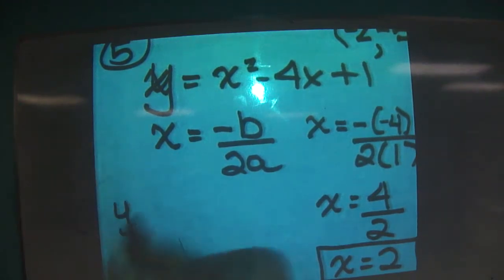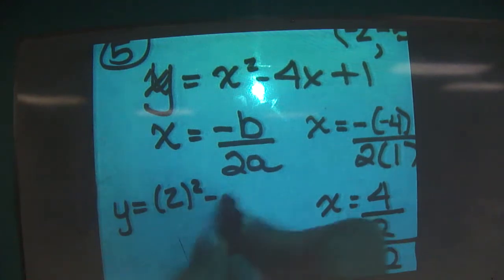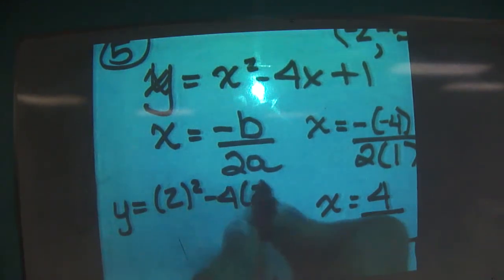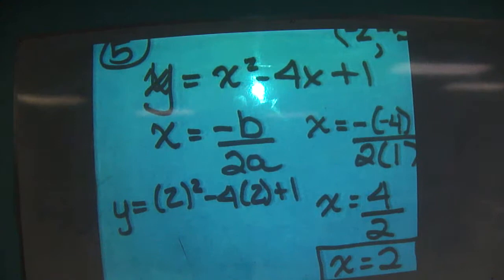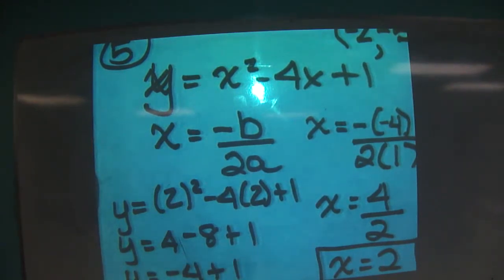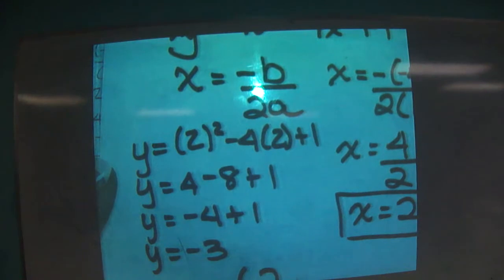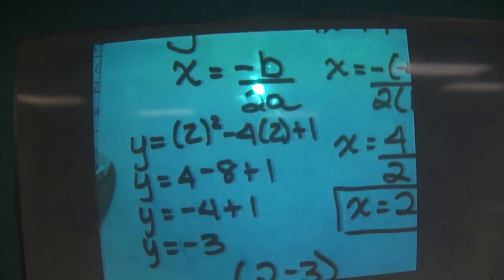So now y equals 2 squared minus 4 times 2 plus 1. y equals 4 minus 8 plus 1. y equals negative 4 plus 1. y equals negative 3. So our coordinate is 2, negative 3.